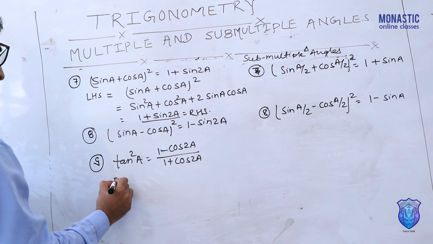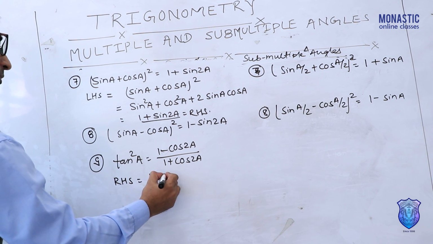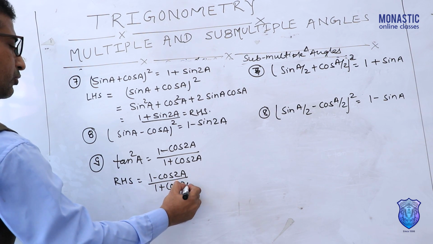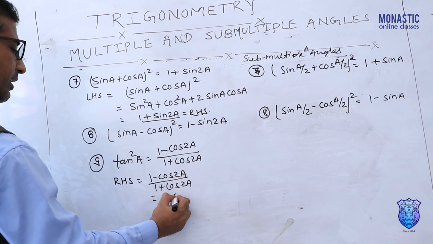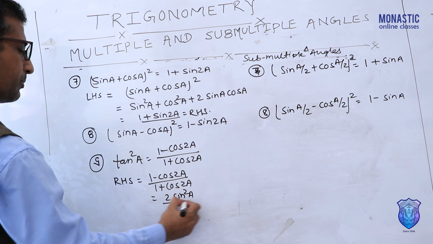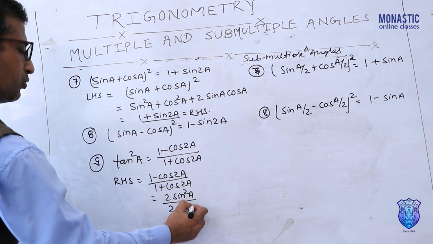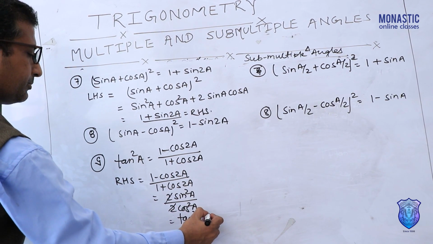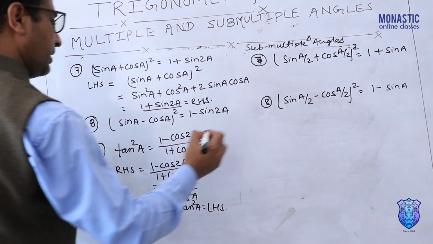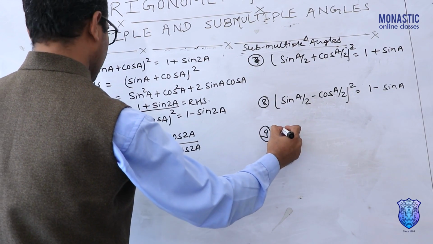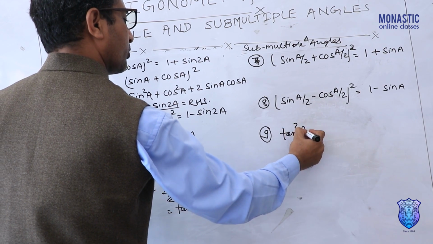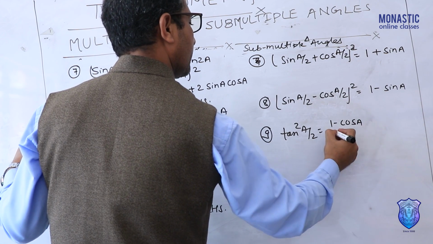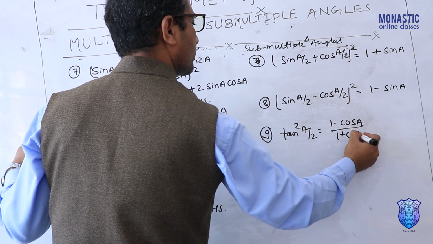If we take the RHS here, we have learned the formula: 1 minus cos 2A is 2 sine square A, and 1 plus cos 2A is 2 cos square A, that is tan square A. In the same way, its submultiple formula will be tan square A by 2 equals 1 minus cos A by 1 plus cos A.